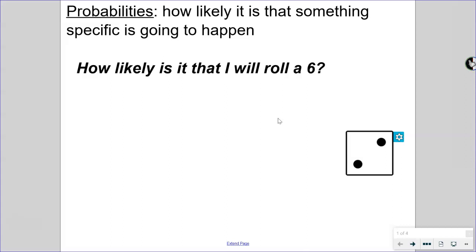And that's correct because I could roll a 1 or a 2 or a 3 or a 4 or a 5 or a 6. So right now, if I roll this dice one time, I have a 1 out of 6 chance. And I'm going to represent that probability as a fraction. So for example, 1 out of 6, we're going to think about that as the fraction 1/6.